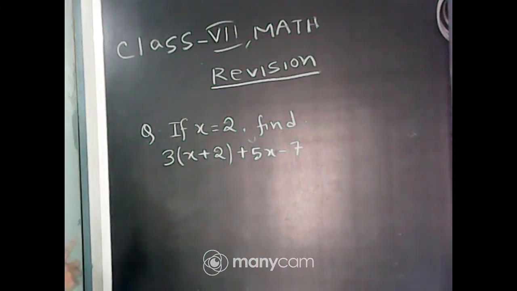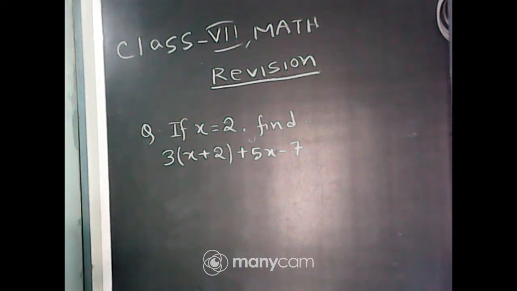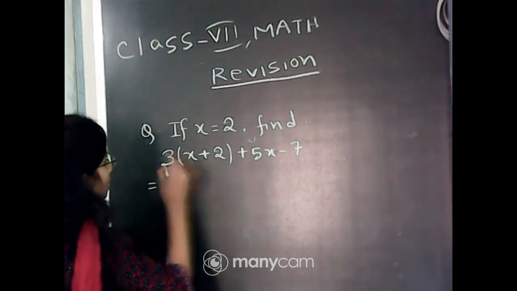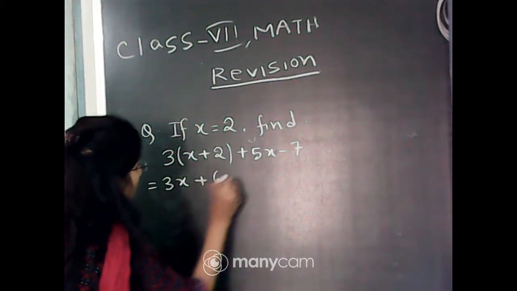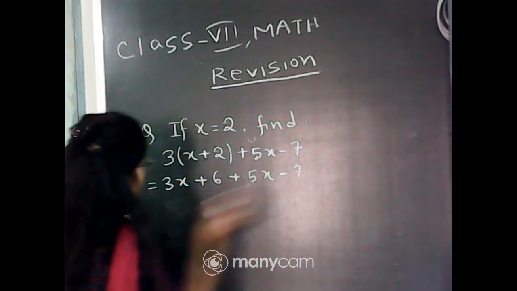First we simplify this and then we put the value x is equal to 2. Now this is equal to 3x plus 6 plus 5x minus 7, isn't it?